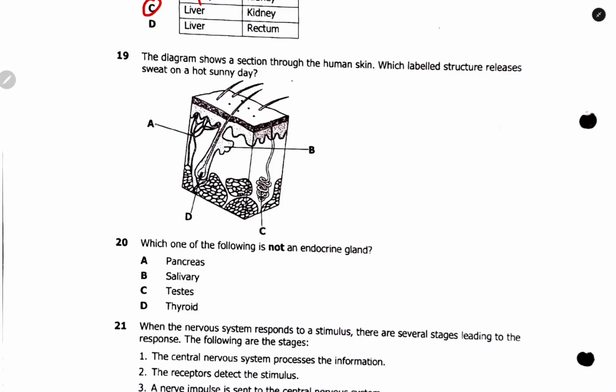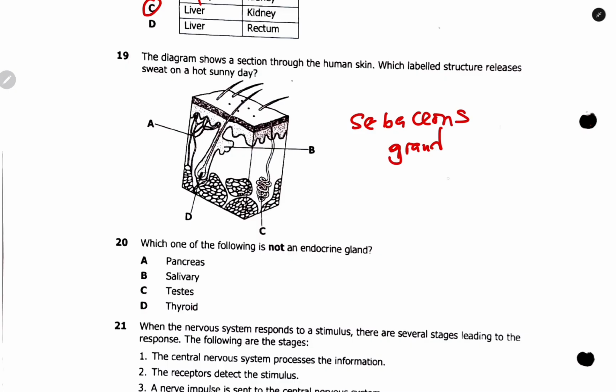A are the nerves. Okay, so A, we are looking at nerves. I'm not saying A is the answer. Then of course B, we are looking at the sebaceous gland.